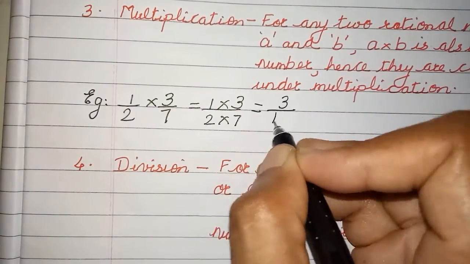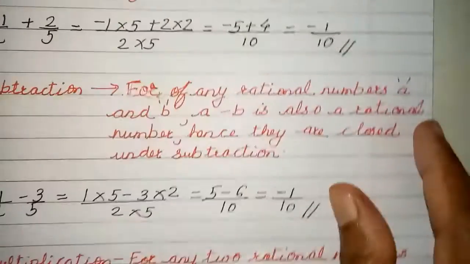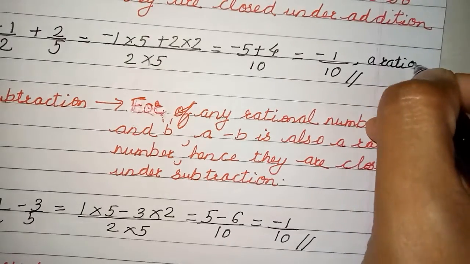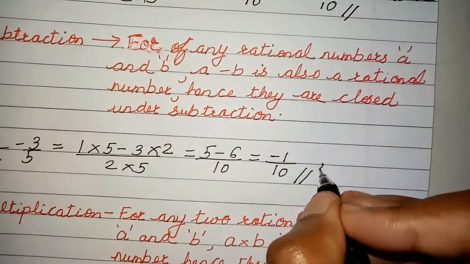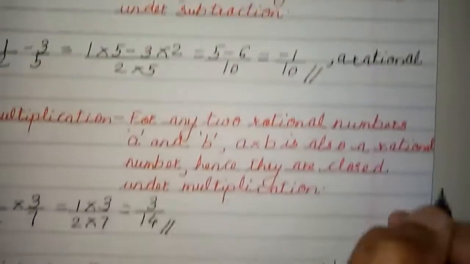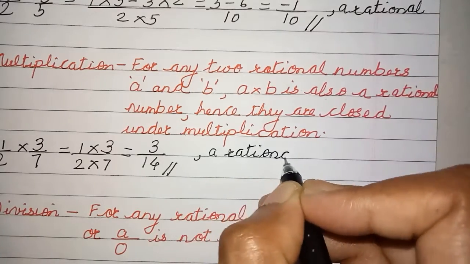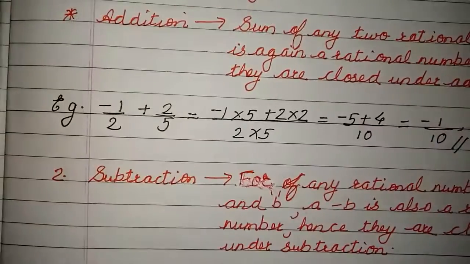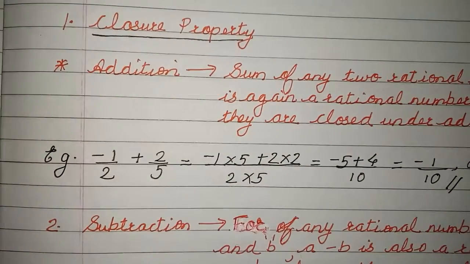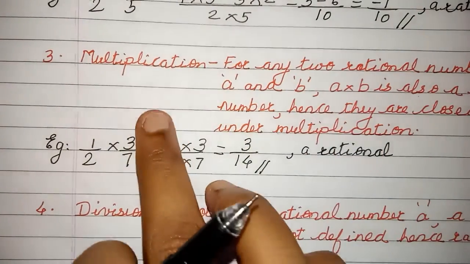So it will be 3 by 14. And you know that 3 by 14 is also a rational number. So what I am getting here, children, is that the final answer is always a rational number. Understood? So what I can say? Rational numbers are closed under addition, closed under subtraction, and also closed under multiplication.